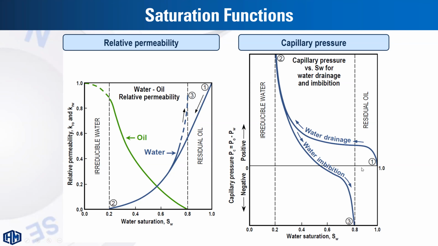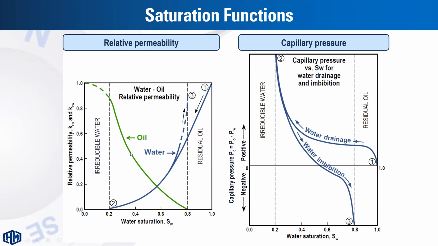We typically use the drainage capillary pressure curve during the model initialization process, a curve like this. So you can define the saturation corresponding to every capillary pressure calculated by the simulator, as mentioned before.